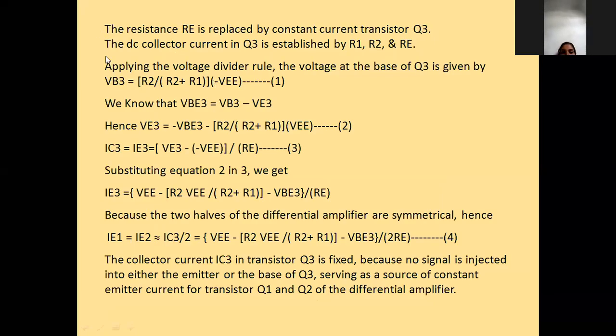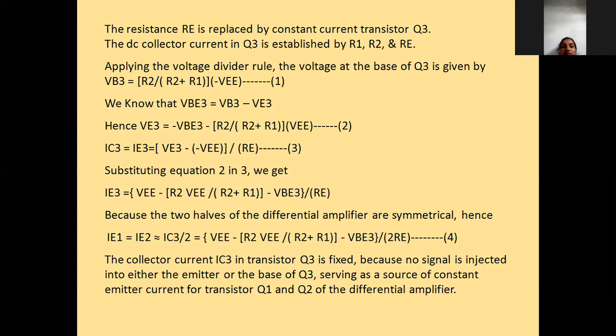The resistor RE is replaced by the constant current transistor Q3, as I mentioned. The DC collector current of Q3 is established by R1, R2 and RE. I already told this, and we use these resistors to form a network called the voltage divider network.